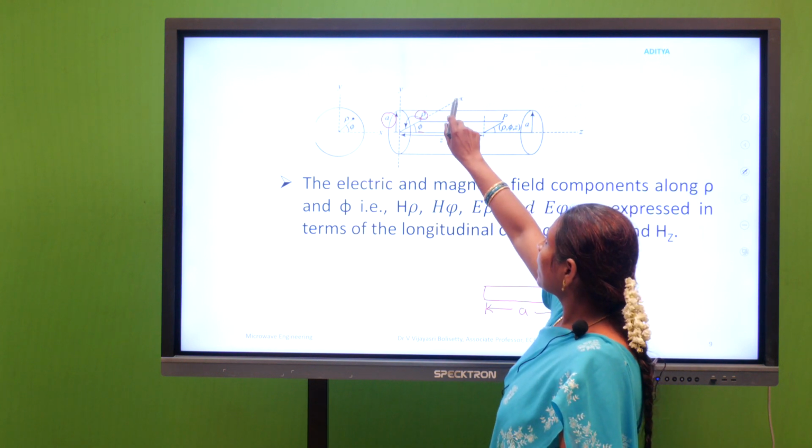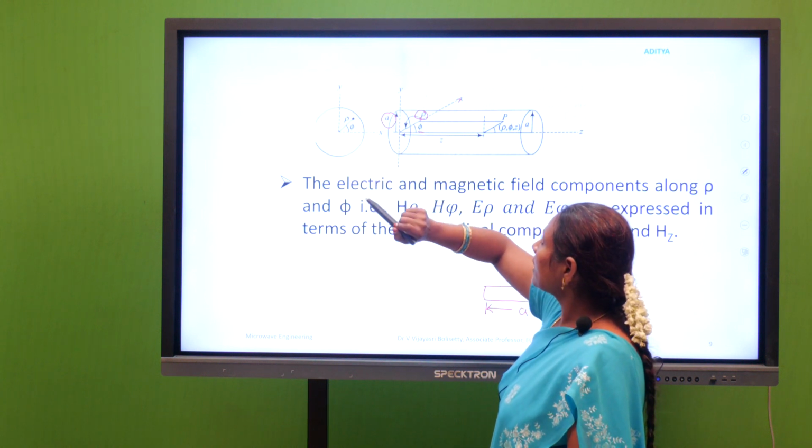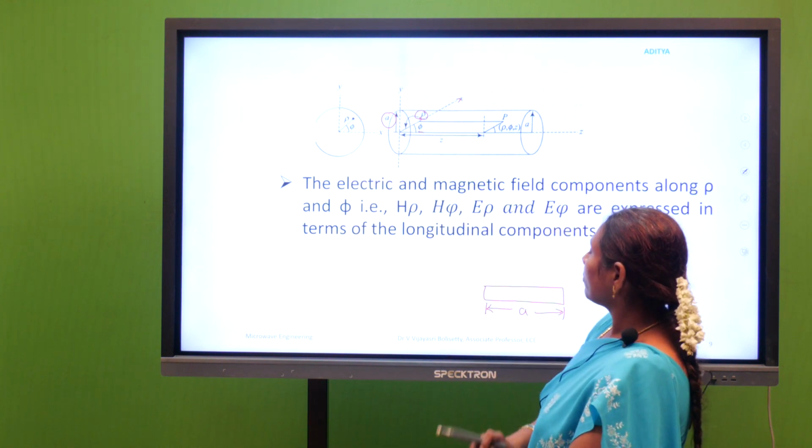That means the x axis element we consider as rho, on the y axis we consider a, and on the z axis we consider the angle made as phi.